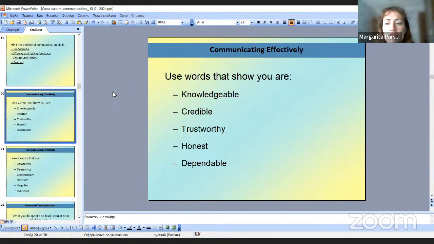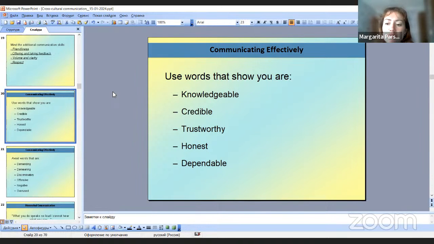So you must not lie, for example in a business matter, and even in cross-cultural communication. Of course, there are some people who try to exaggerate their words, not just lie, but exaggerate or diminish or change the words.